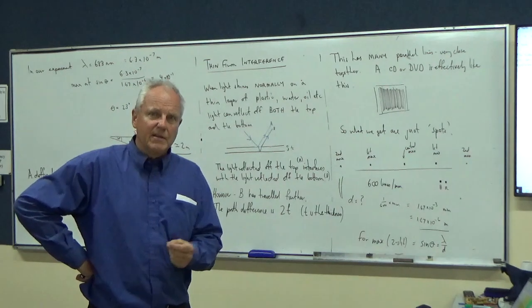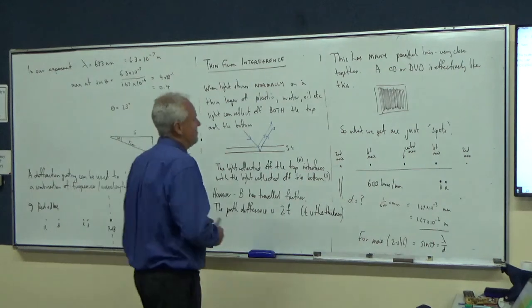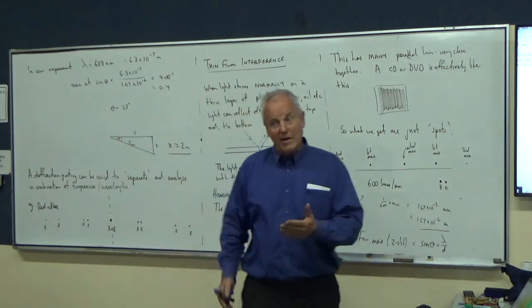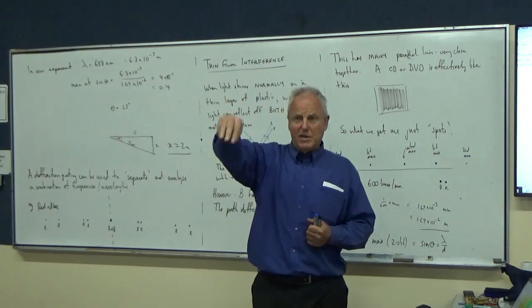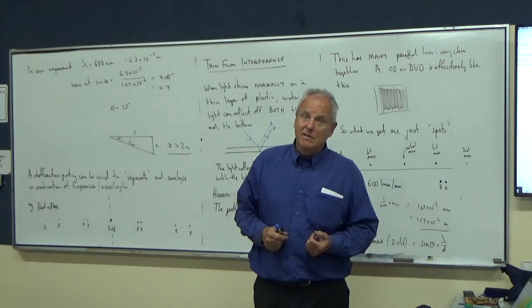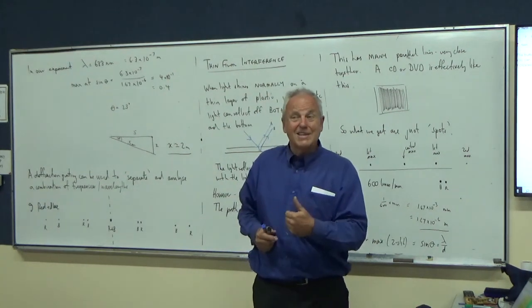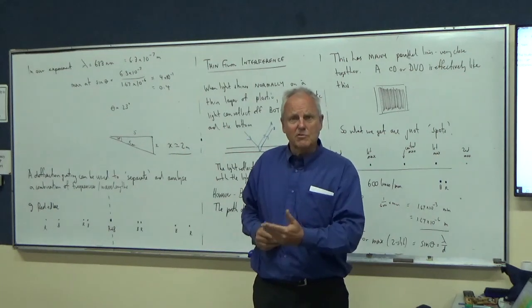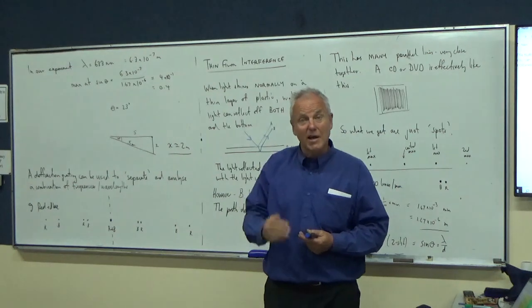However, there's a trickier bit. You may remember back to when we looked at waves on a coil spring. When the wave went in and it was being held at the other end, it got reflected upside down. But if it hit a boundary which was less dense, where the speed was increasing, then it gets reflected right way up.